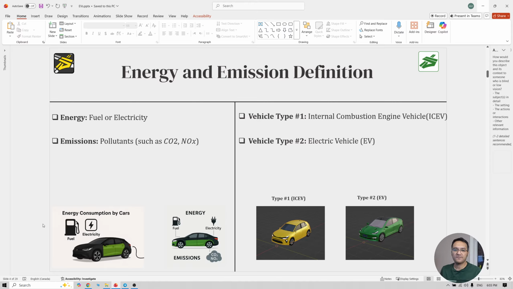What's the definition first? I'm just providing a very simple, straightforward definition. Energy means fuel or electricity, and emissions means any pollutants like carbon dioxide, CO₂ or NOx.